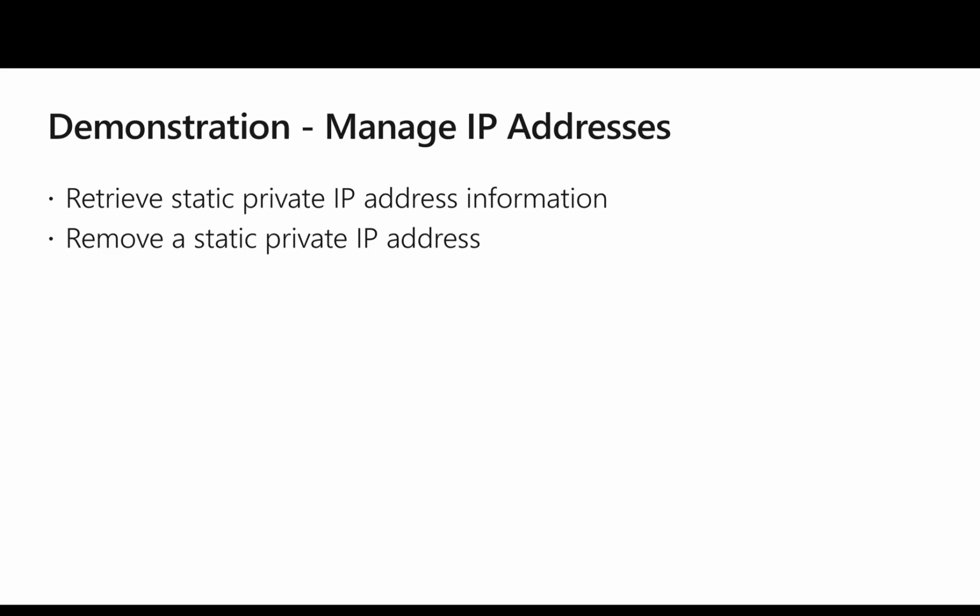So before jumping into the demonstration, one thing I want to mention is that whenever we are trying to create a new IP address, we have an option to choose the performance tier, either basic or standard. Based on these choices, there are some differences in functionality.